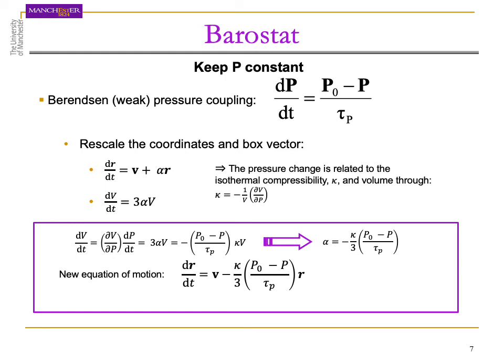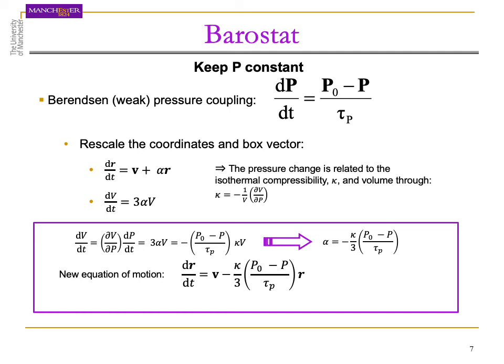Now we have to define this parameter alpha given the expression of the variation of the pressure during time given by the Berendsen barostat. To do that, we remember from thermodynamics the expression of the isothermal compressibility, kappa, which is given by minus 1 over the volume of the system times the partial derivative of the volume with respect to the pressure.